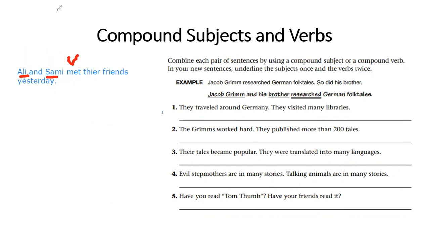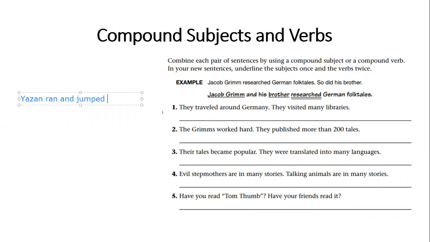Okay, let's have another sentence. Look here. I'll say, for example, Yazan ran and jumped. Here Yazan is a subject, and we're having here ran and jumped.